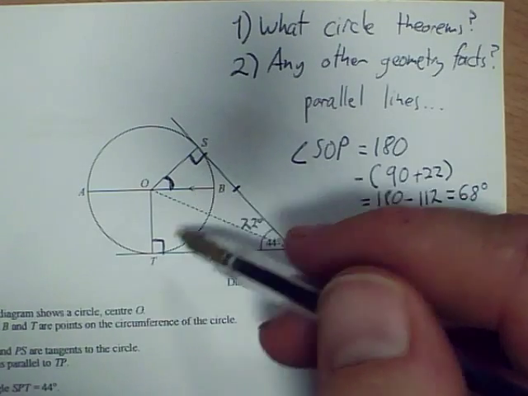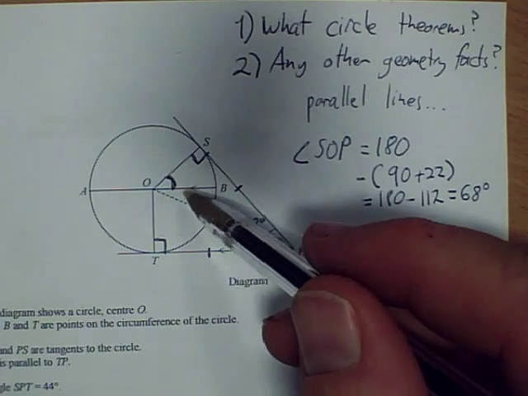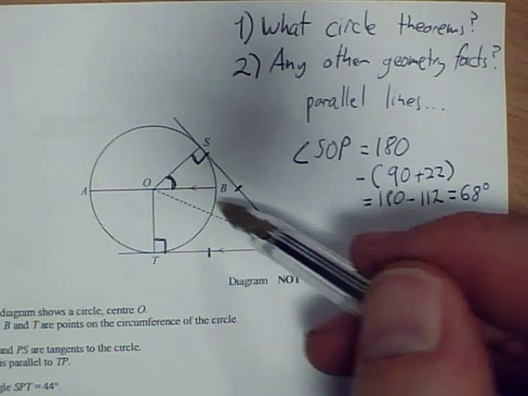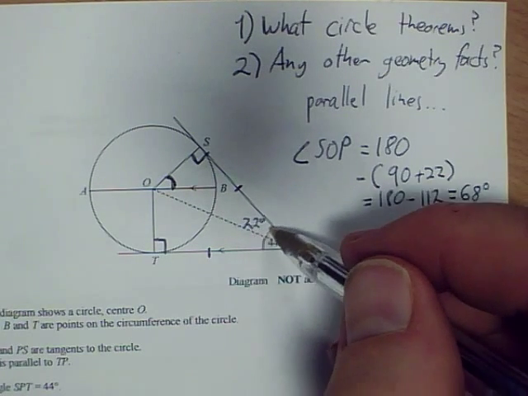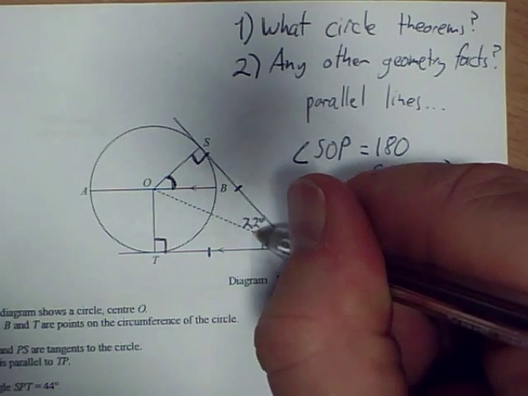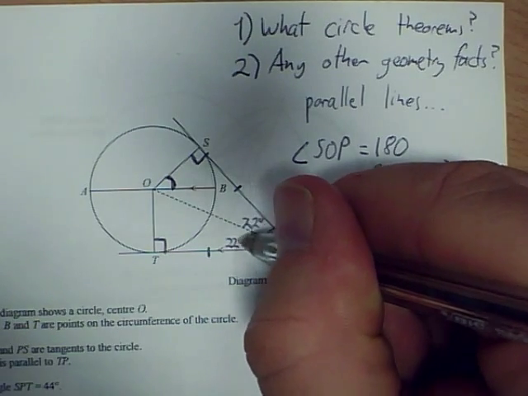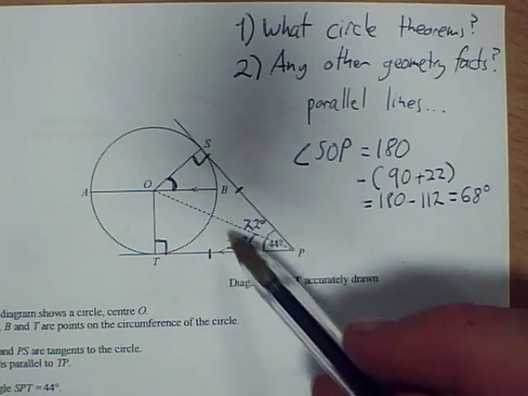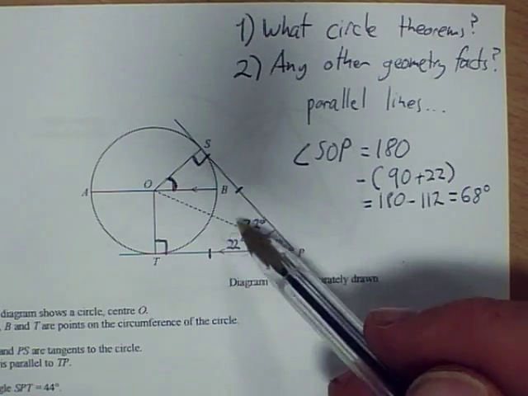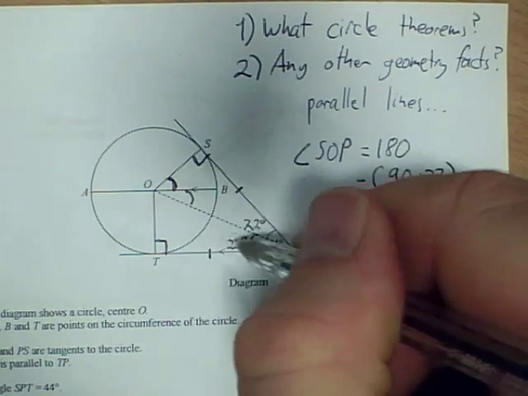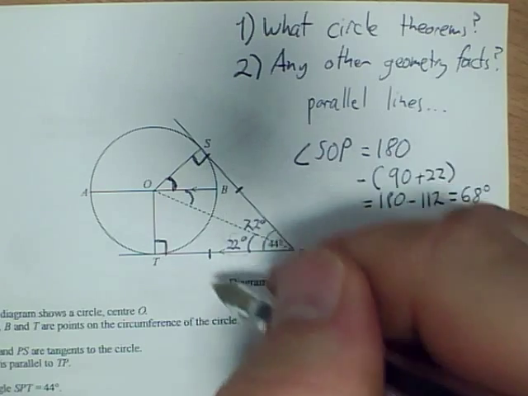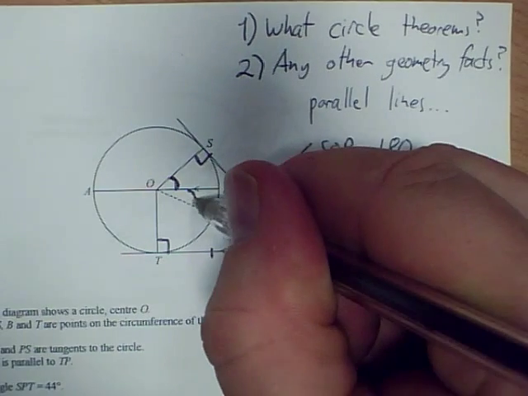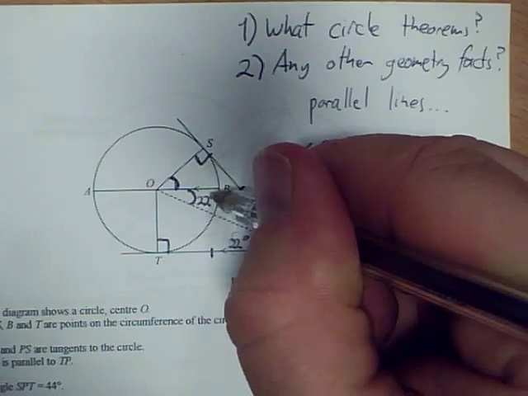But I don't have enough information yet because I need to know what that is. And hey presto, I know that that's also 22 degrees, and I'm going to use my parallel lines fact that I thought would probably come in handy. That is an alternate angle. Remember, Z angle, alternate angle with that, so that's 22 degrees.